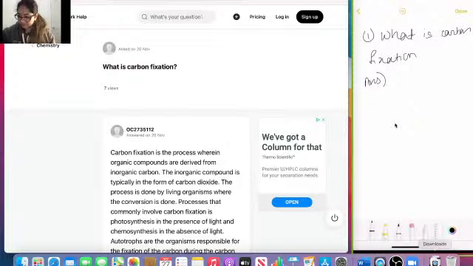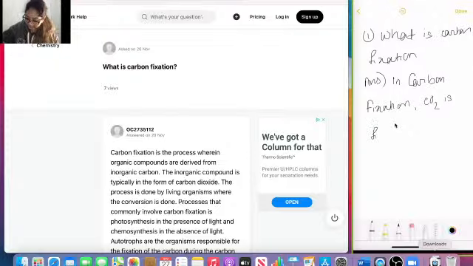And so in carbon fixation, carbon dioxide, so CO2, is fixed.